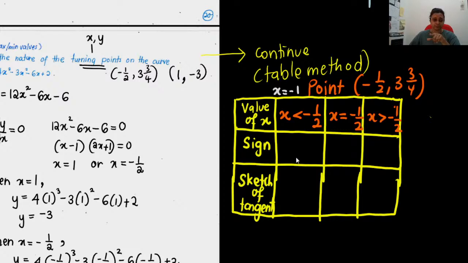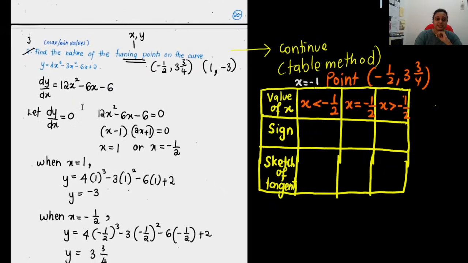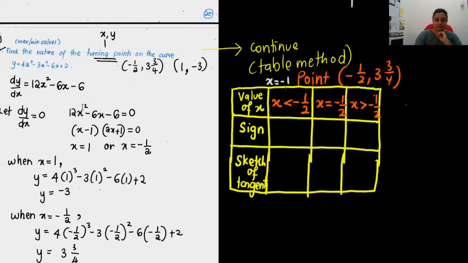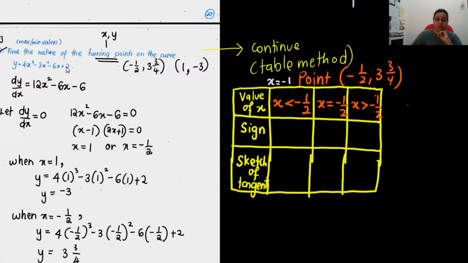What you do, you substitute that -1 value inside the dy dx. Because you're going to see whether your dy dx, your gradient, because dy dx is the gradient, isn't it? So the sign, remember this sign you must substitute inside dy dx.